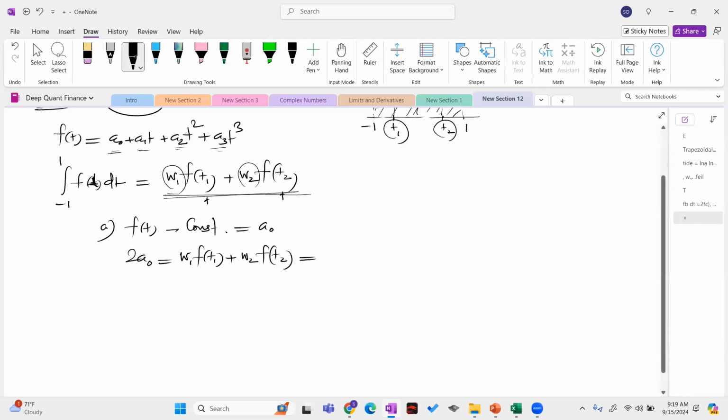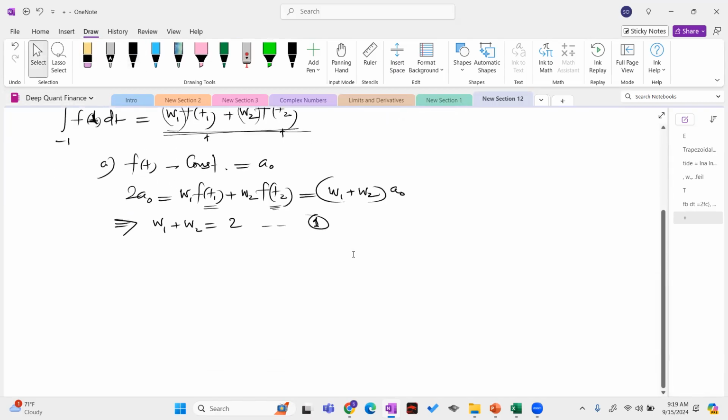But if f(t) is constant, then no matter where you sample these values, f(t) is always a0. So I can write (w1 plus w2) times a0. And my first equation is w1 plus w2 must be equal to 2. Equation 1. I got this from assuming that f(t) is constant, then this must be true.